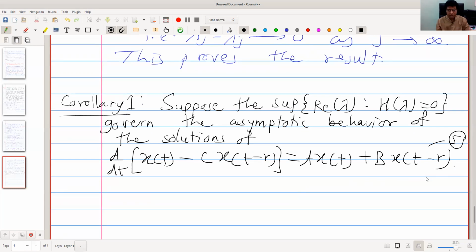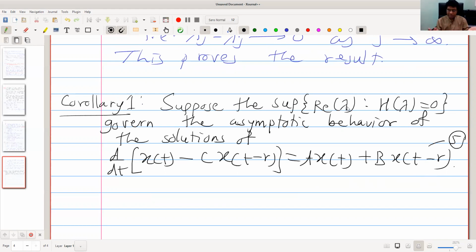As discussed earlier, solutions of such equations are in the form of e raised to lambda t, where lambda is a root of the characteristic equation h of lambda equal to 0. So the real part is playing an important role. If the real part of lambda is positive, then e raised to lambda t will be unbounded as t tends to infinity.